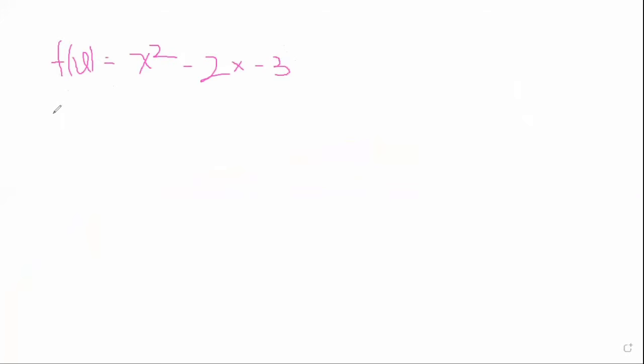And then we will draw the coordinate x and y.